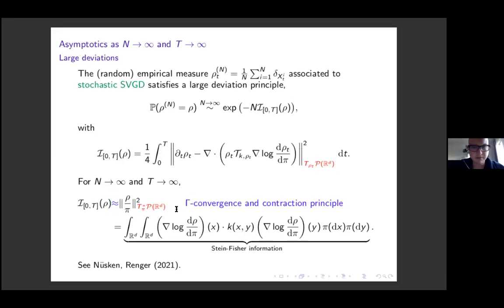So there is gamma convergence and contraction principle. I should also maybe denote this by different letters. So this is a large deviation functional on curves of probability measures, whereas this is a large deviation functional just on one probability measure. But you can go from one to the other by the contraction principle in large deviations. And we get this kind of term.